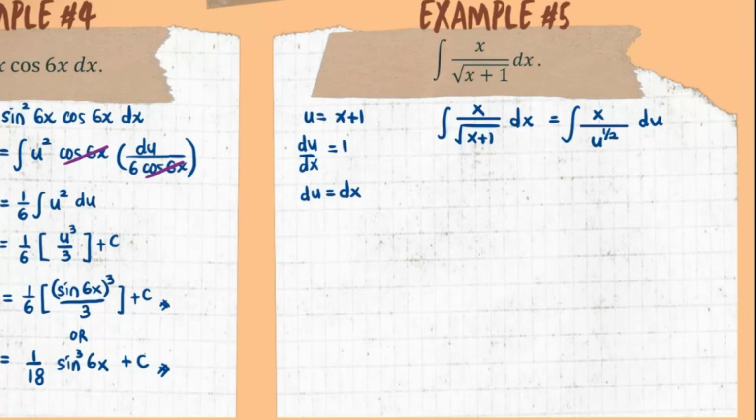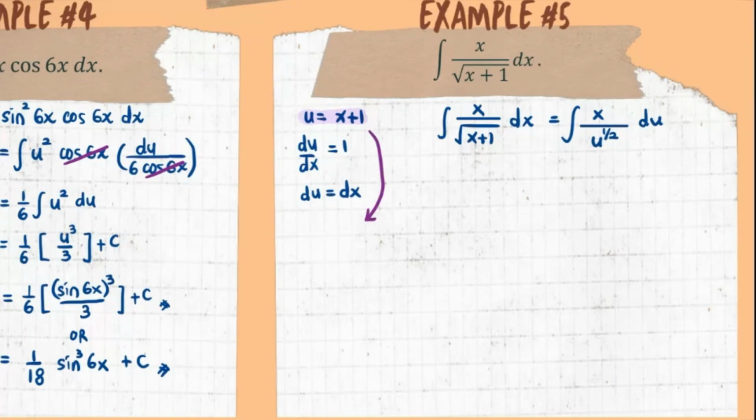So, macam mana saya nak ubah x ini kepada u? So, dia datang daripada mana ya? So, actually we can get the variable u untuk x daripada this statement. U equals to x plus 1. So let's rearrange.